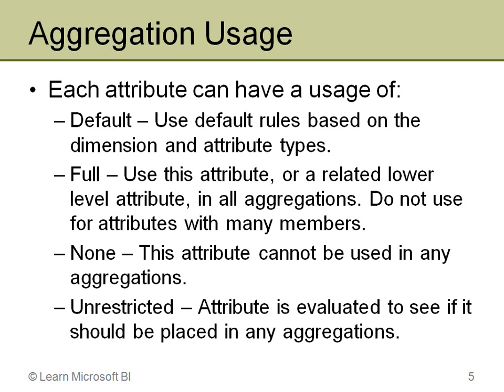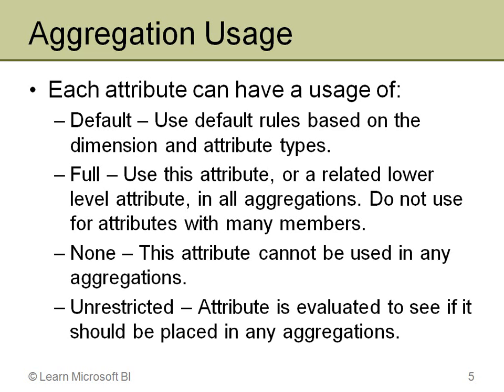Okay, that's not a good idea if this particular attribute has a lot of members, because the wizard has a cutoff, the 30% rule or the 1/3 rule, as I'll talk about in just a moment, and it may make such a large aggregation that the wizard won't build it. So if you set the wrong things to full, you may not get any aggregations.